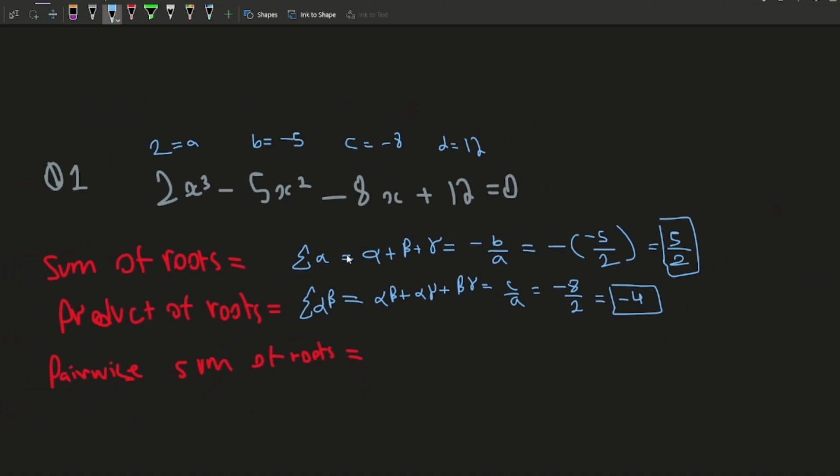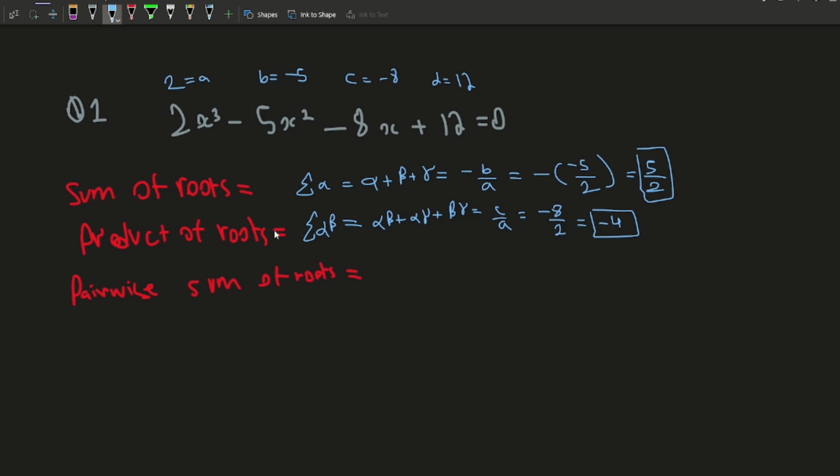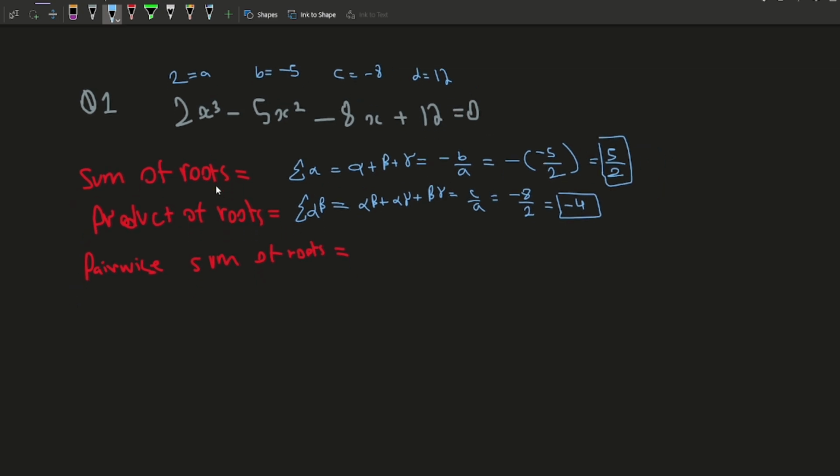Oh, we had to find the product of roots, and we actually found the pairwise sum. So let's change this: pairwise sum of roots. And now we will find the product of roots.